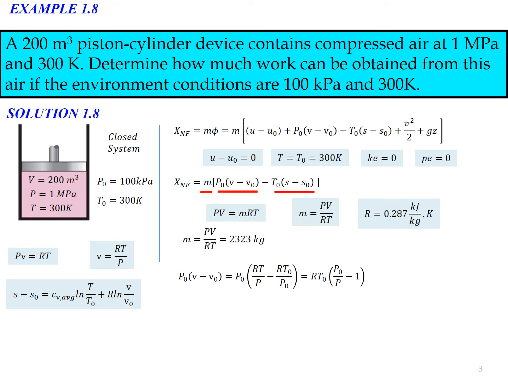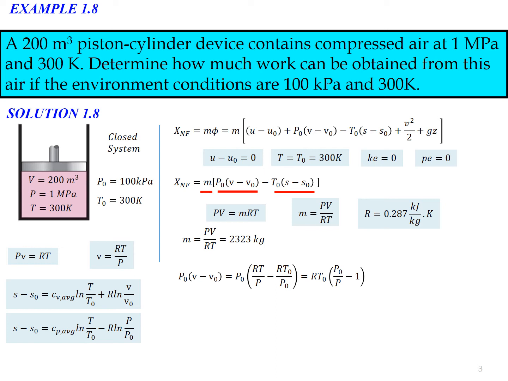We have two equations. First, S minus S naught equal to CV average multiplied by ln T divided by T naught plus R ln V divided by V naught.